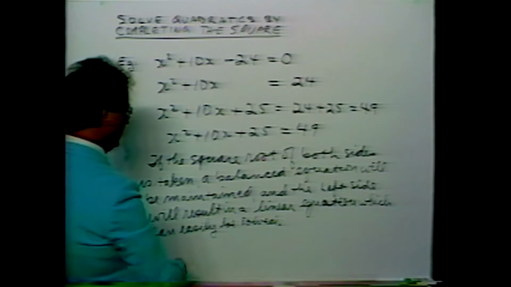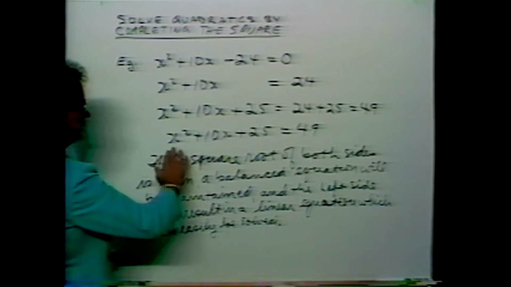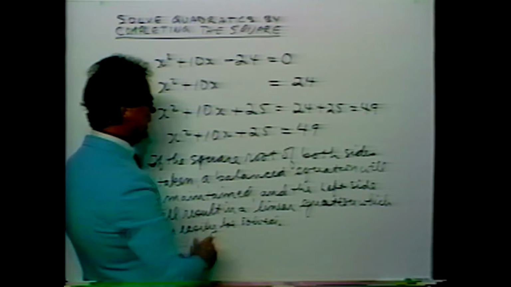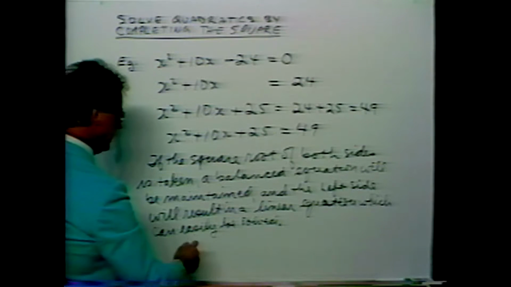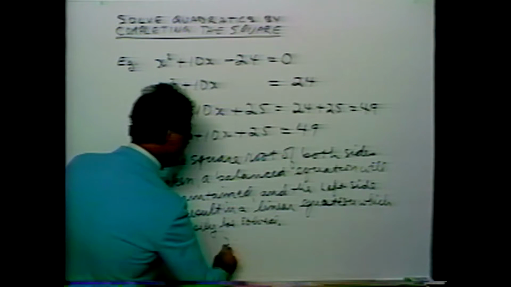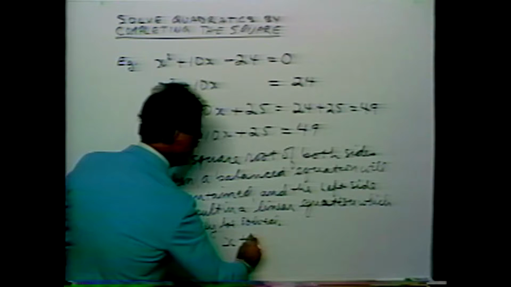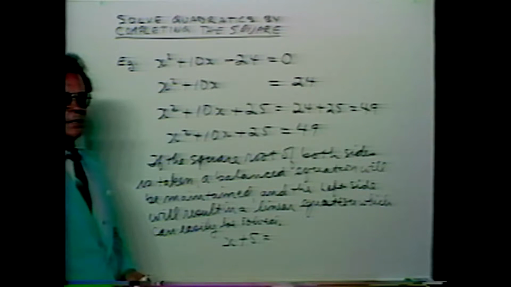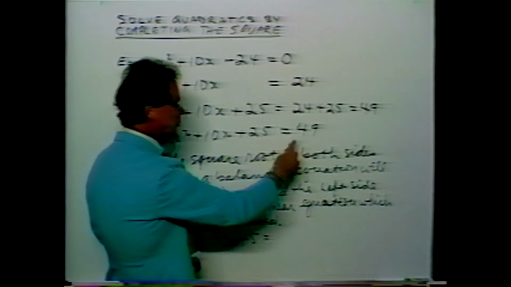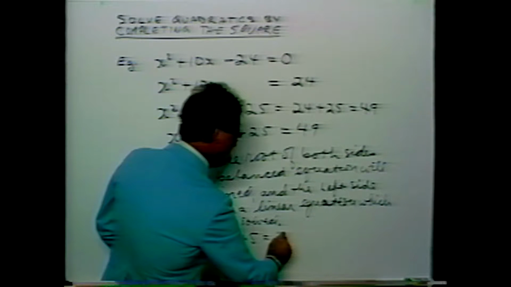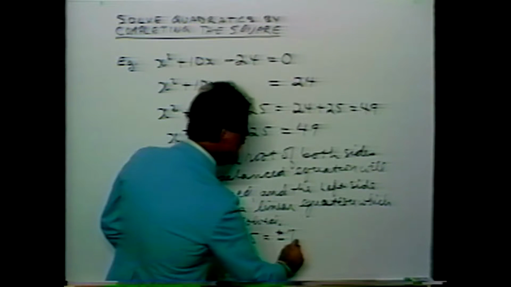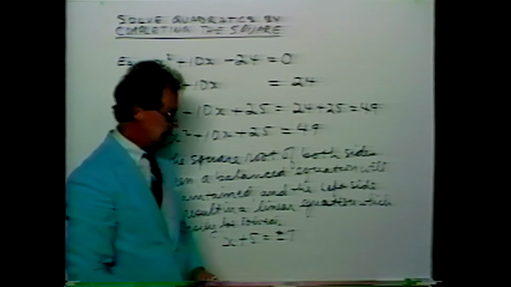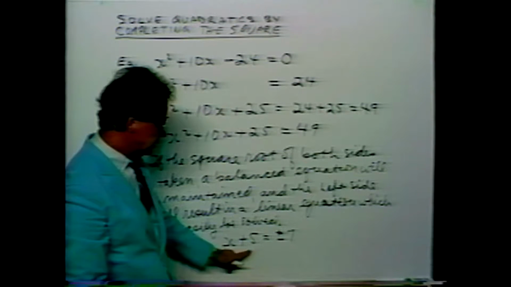Continuing with this operation then, the square root of x squared plus 10x plus 25 is x plus 5. And on the right side, the square root of 49 is plus or minus 7. Continue and solve for x.